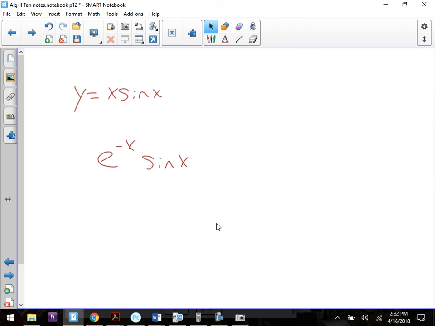Treat it like a regular tangent graph. On the back end of the worksheet, if you look at it online, it's got some solutions to it.